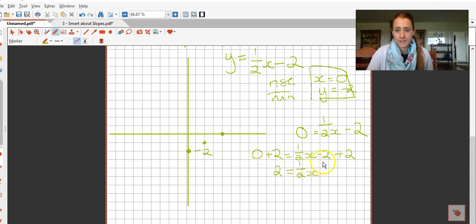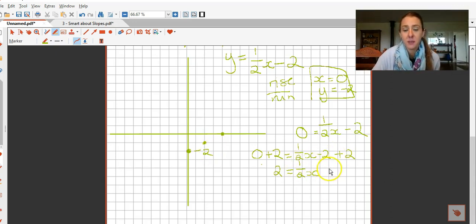What I've done here is I have multiplied by 1/2. So there's a couple different ways I could do this. If I've multiplied by 1/2, I'm going to have to divide by 1/2.